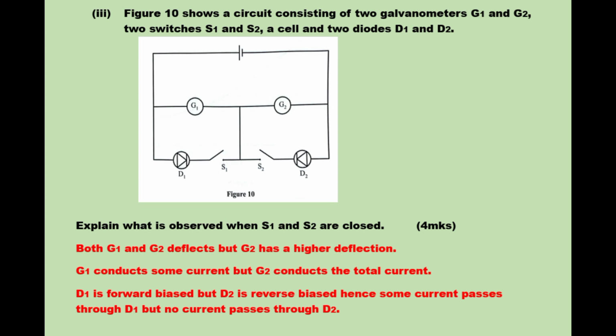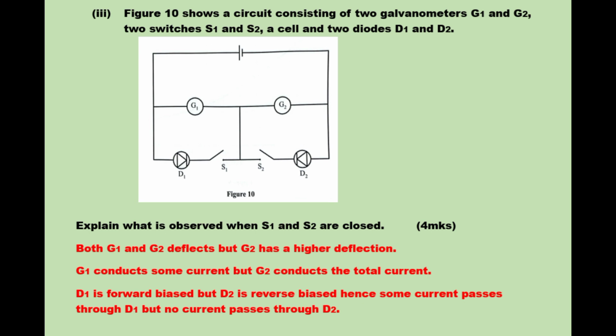Explain what is observed when switch 1 and switch 2 are closed. Switch 1 and switch 2 closed. What do you see? So both G1 and G2 deflect, but G2 has a higher deflection.